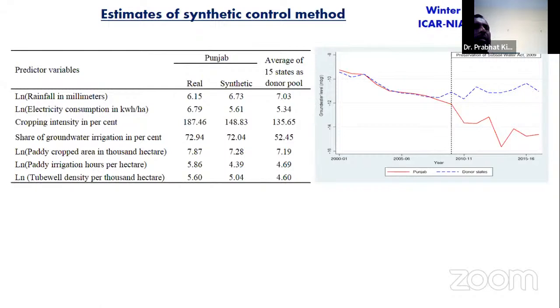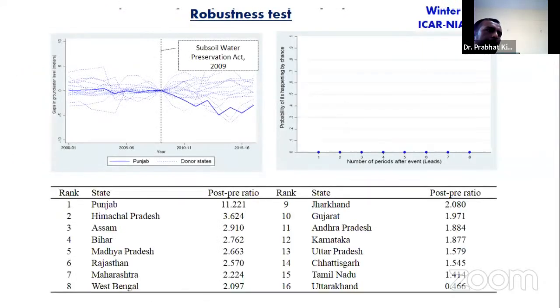If the gap is larger, then the ratio will be larger. Based on that post-pre ratio, we are deciding how to rank the states we have considered. And here the Punjab ratio is much higher compared to the other states.